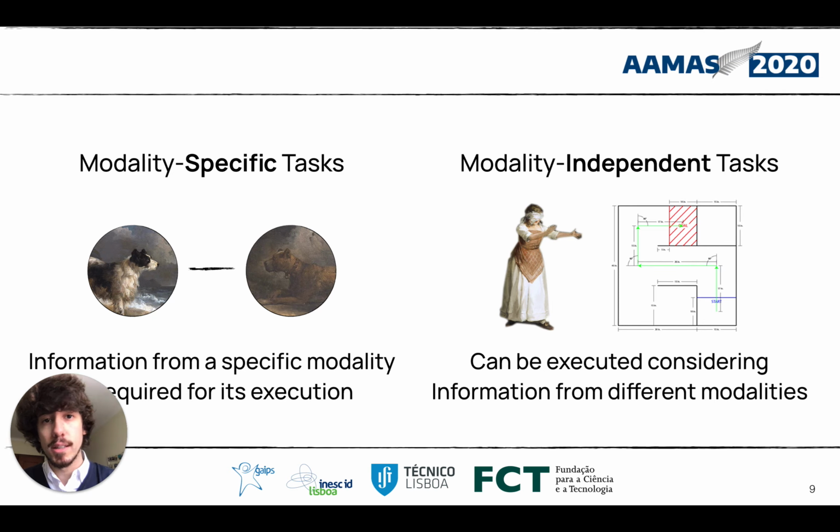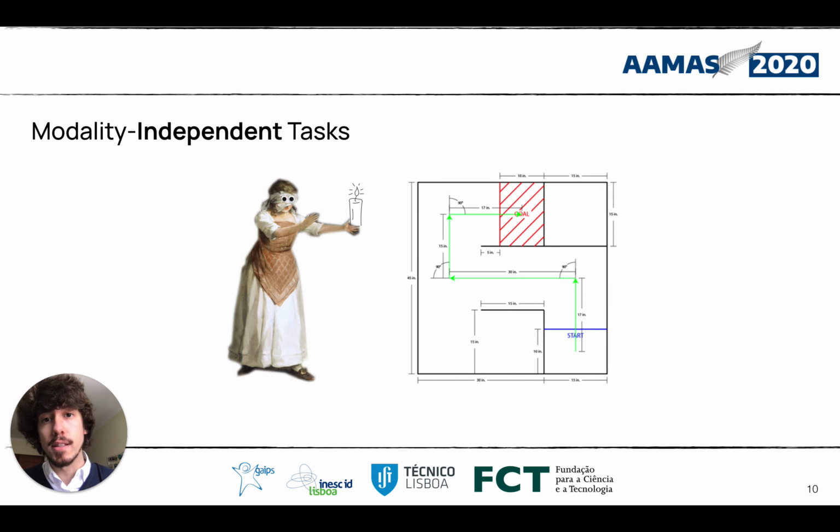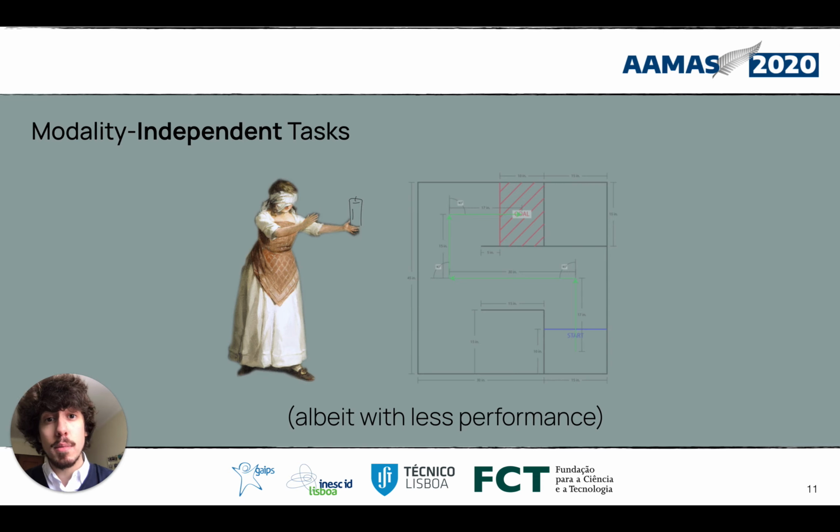One example of the latter case is navigation tasks, and humans have remarkable performance when executing navigation tasks using visual information. Moreover, when that very same information is absent, humans are still able to execute the task, albeit with less performance, by considering information provided by our other senses, such as touch and sound.